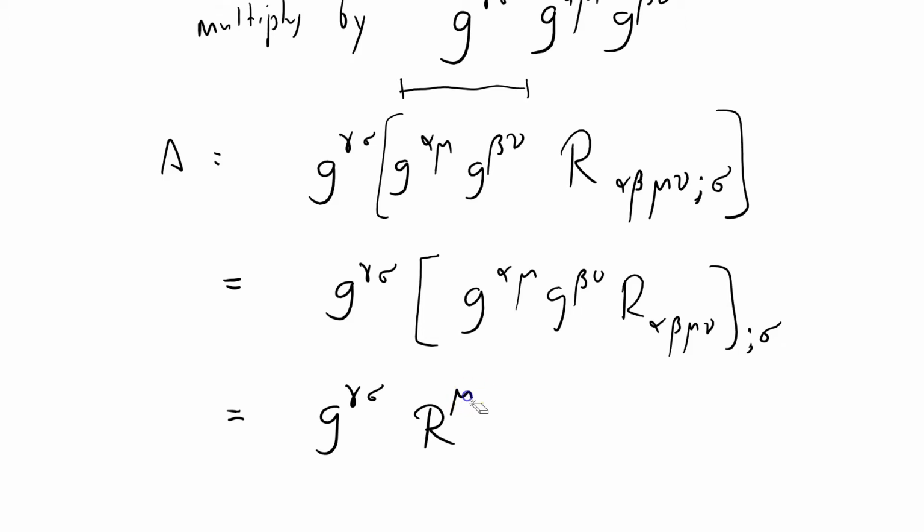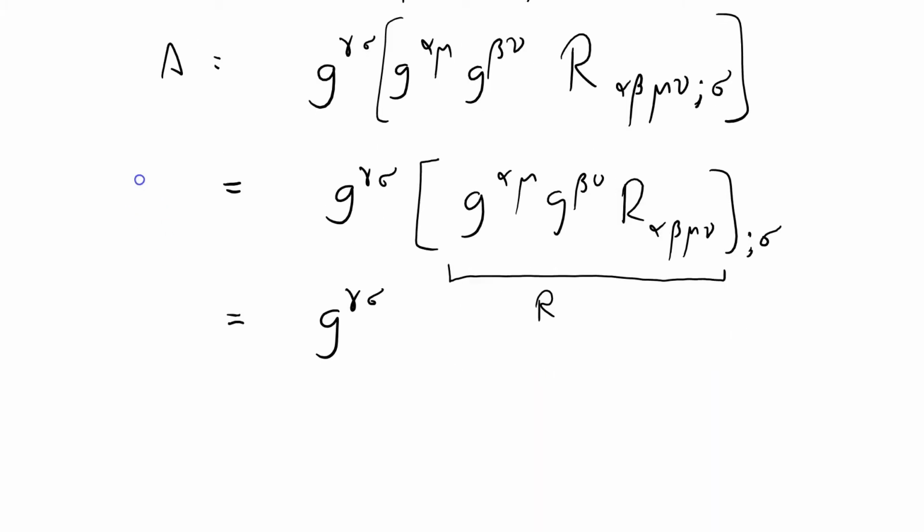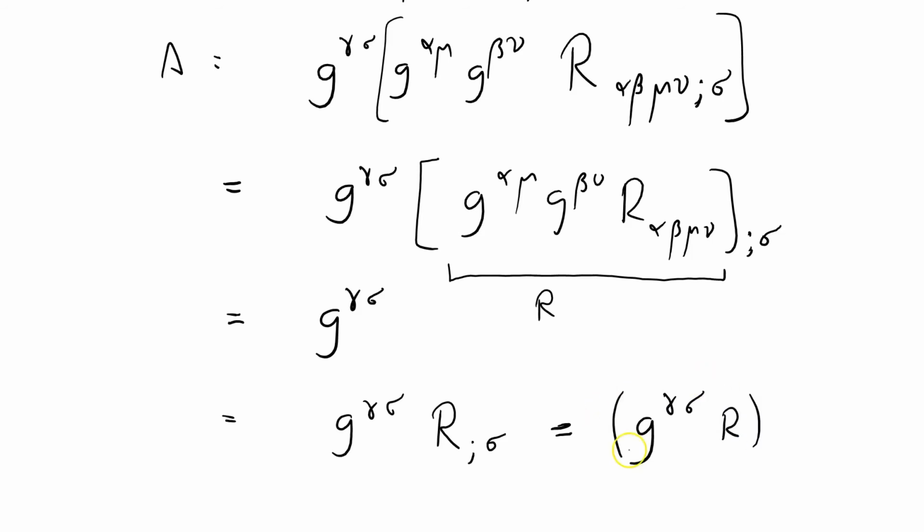Sorry, I'm getting myself a bit tangled up now. This thing, by definition, is the Ricci tensor. And so what we have now is equal to G gamma sigma, which is this term here, times the covariant derivative of the Ricci scalar, the curvature scalar, I'm sorry, which equals G gamma sigma R semicolon sigma.